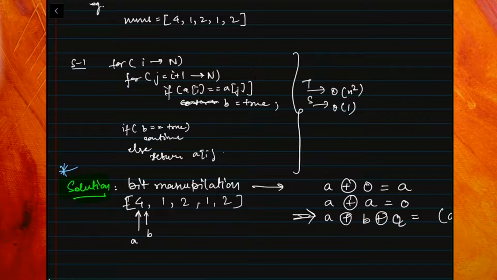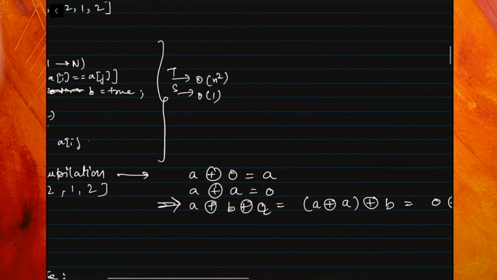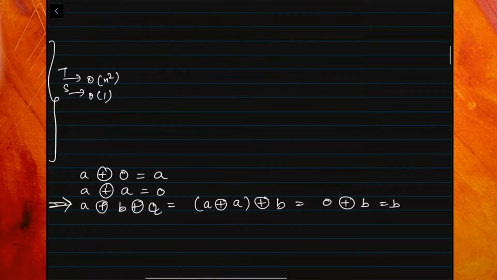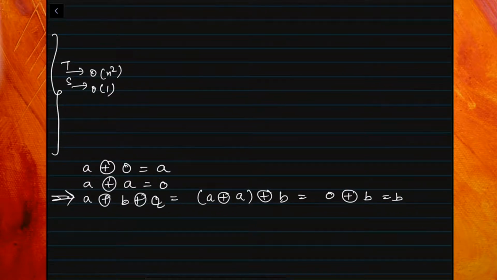I didn't know about bit manipulation, so here's a bit of theory regarding that. If any number, let's say 10, is XORed with 0, then it returns the same number.